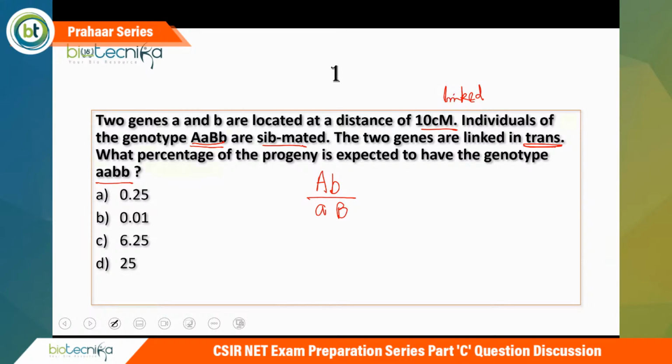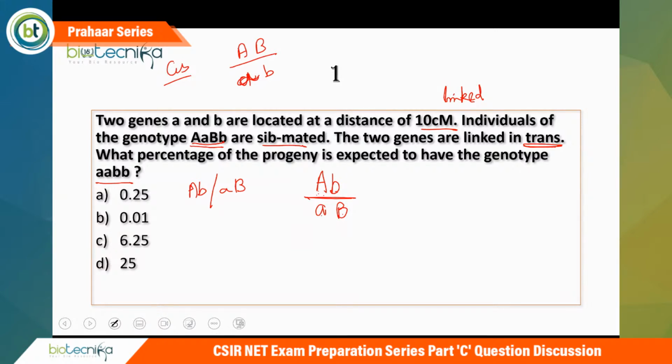Whereas cis is where the dominant alleles of both are present on one chromosome and the recessive alleles of both are present on the other chromosome. The way I have written it, like numerator and denominator, is not a division; it just shows that these two alleles are present on one chromosome and these two on another. The other way of writing it is separated with a slash. In either way you can write the linked genes.